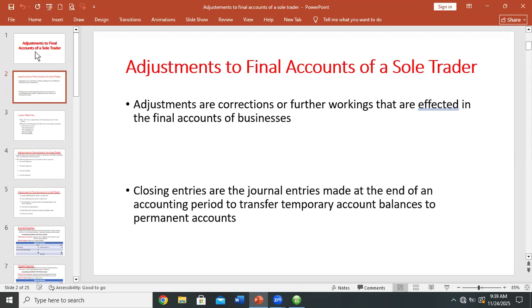Now, there's also another thing we do, which is called closing entries. What are closing entries? Professors, you and I would agree that if we pick our elements of accounting, we have assets, capital, liabilities, expenses, and income.